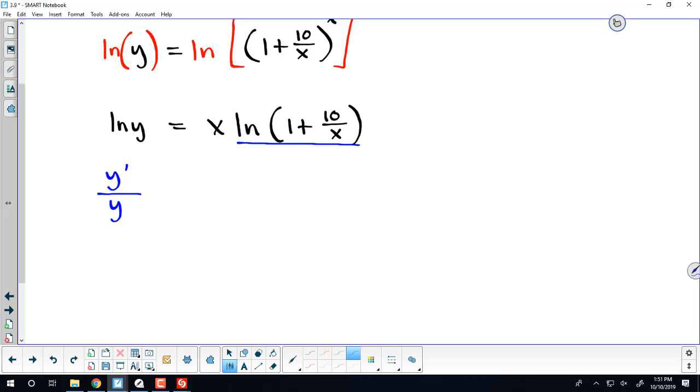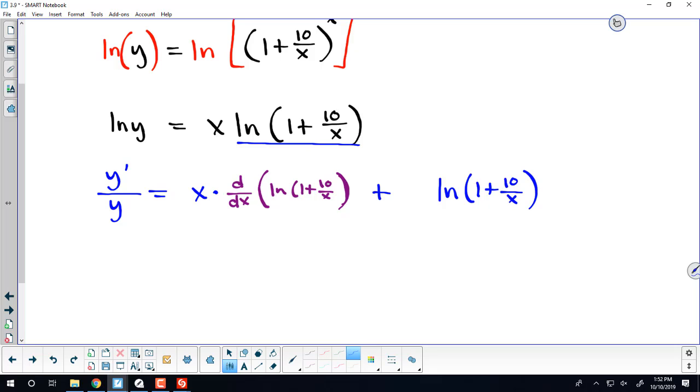It's the same thing. So we've got to use the product rule here, where we take the first times the derivative of the second, plus the second times the derivative of the first.